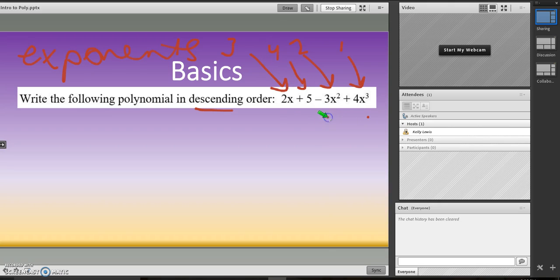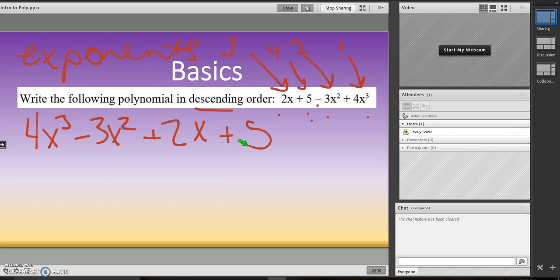So it goes 3, 2, 1, blast off is what I say. So it'll go 4x cubed minus 3x squared. Make sure you keep the sign with the correct term. Plus 2x plus 5. So that's descending order, and your answers will be written in descending order.